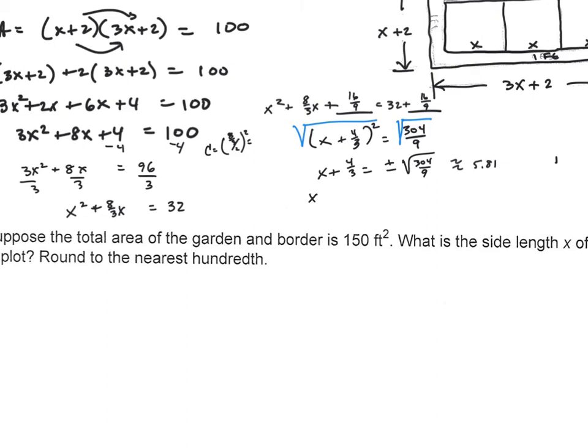Okay, so then we have x plus 4/3 is equal to 5.81, or x plus 4/3 is equal to negative 5.81, and then we end up with x equal to approximately 4.48, or x equal to approximately negative 7.14.